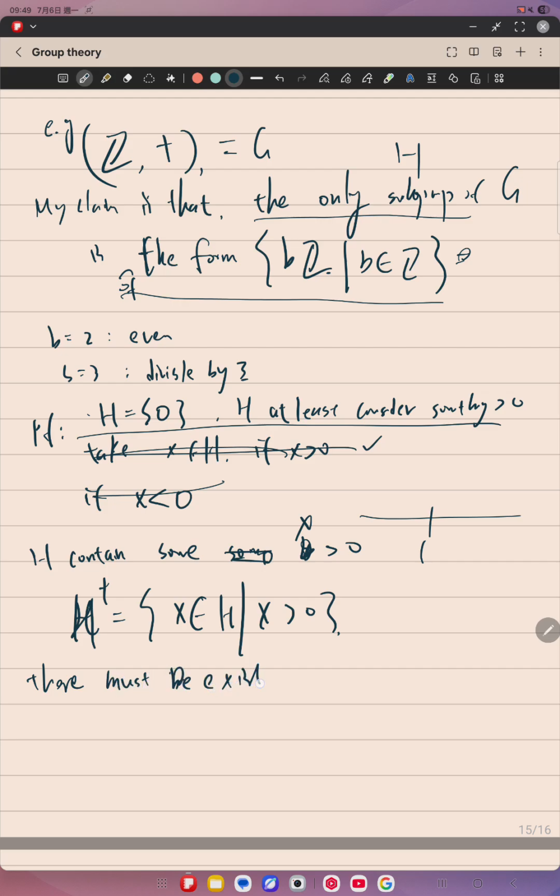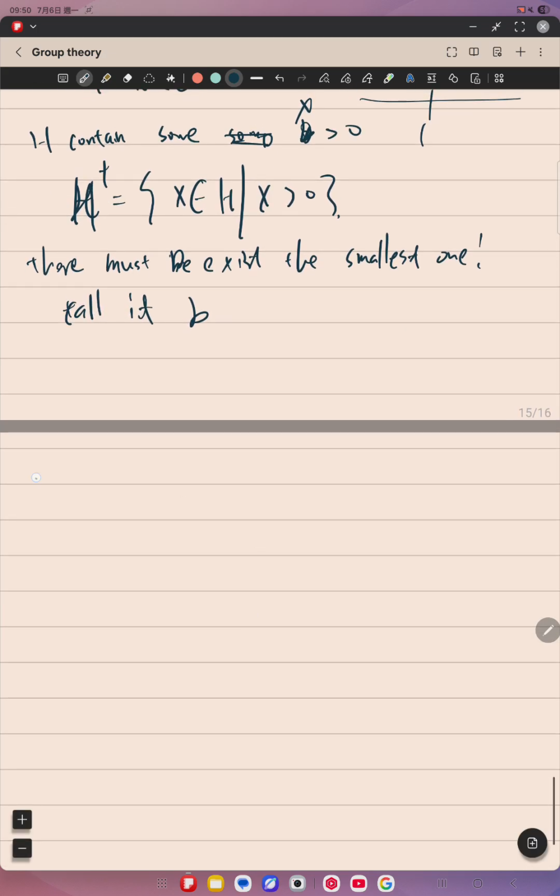Let's call it B. My claim is that this subgroup is the multiples of B. Suppose not.